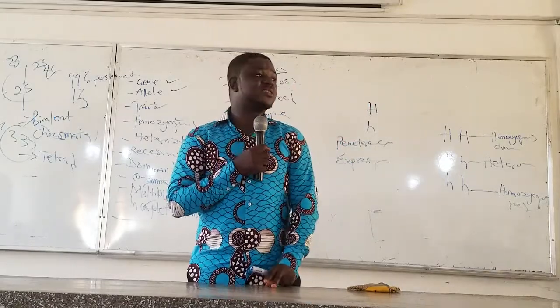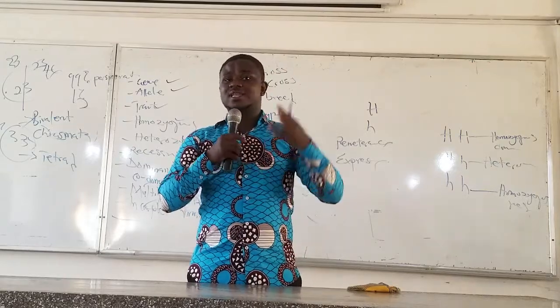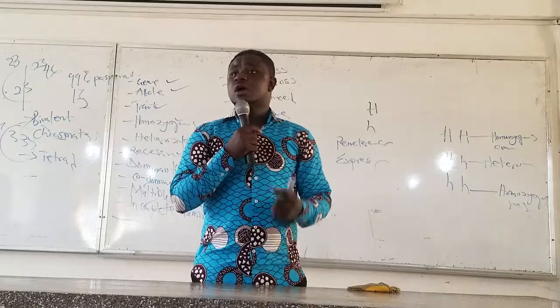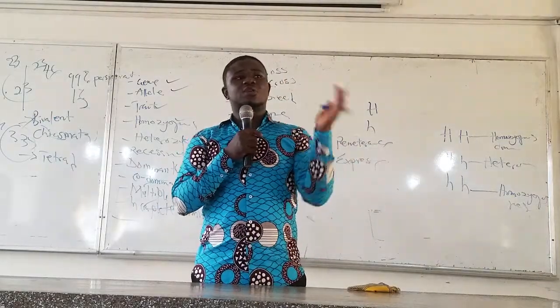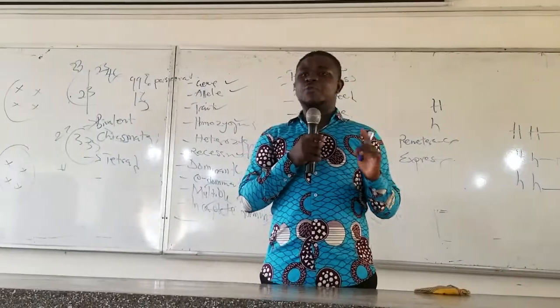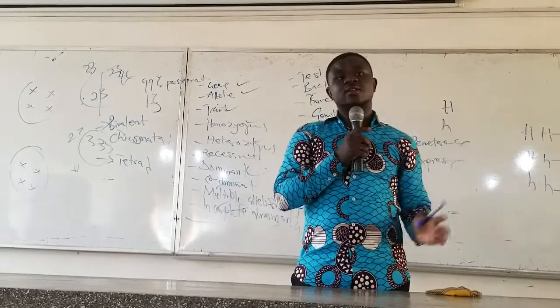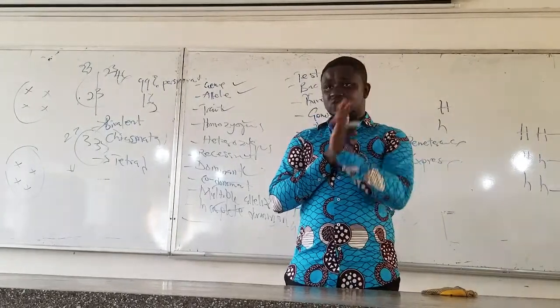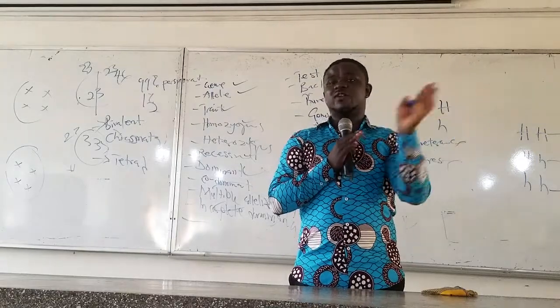Another reason was that it could be cross-pollinated, right? And self-pollination and cross-pollination were both possible. Another reason again is that it had very contrasting characters. All of the traits that were available were very contrasting. There were no intermediates. For example, there were true breeding tall plants and true breeding dwarf plants.